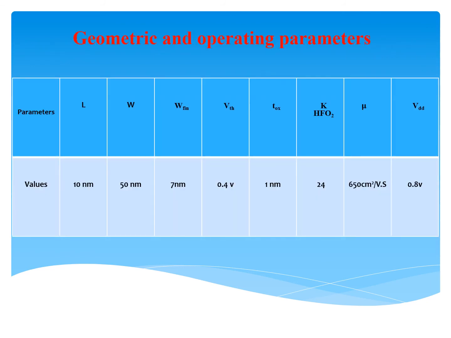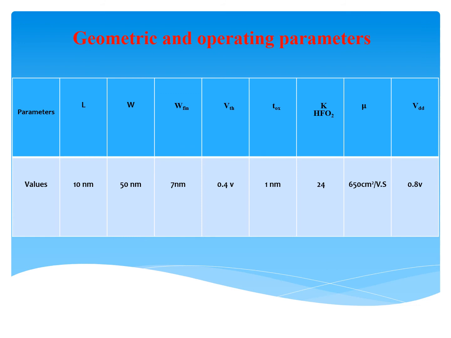Now we present the geometrical and operating parameters. First, L is the channel length, 10 nanometer. W is the width of the transistor, 50 nanometer. W fin is the width of the fin, 7 nanometer. The threshold voltage 0.4 volt.